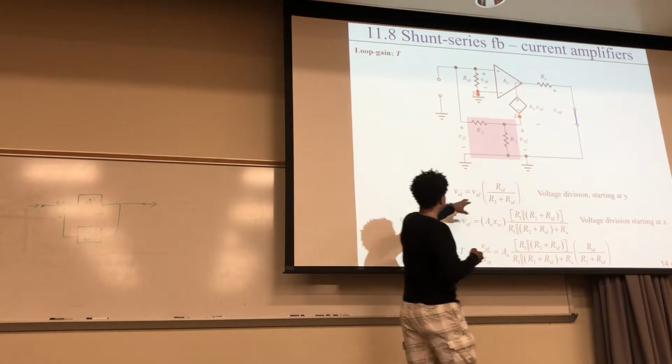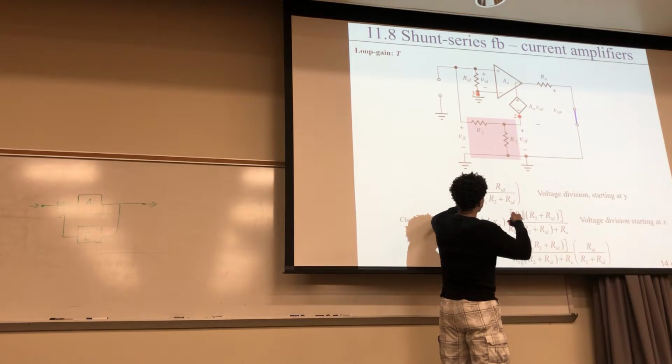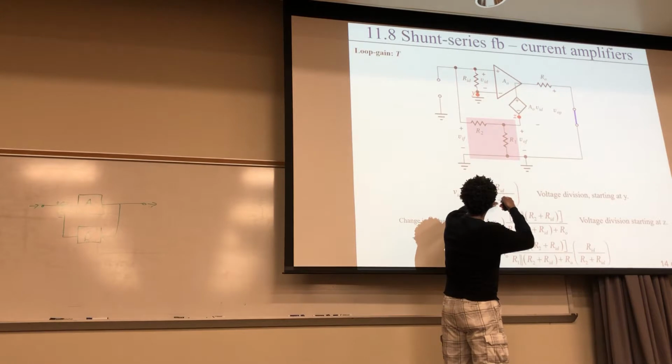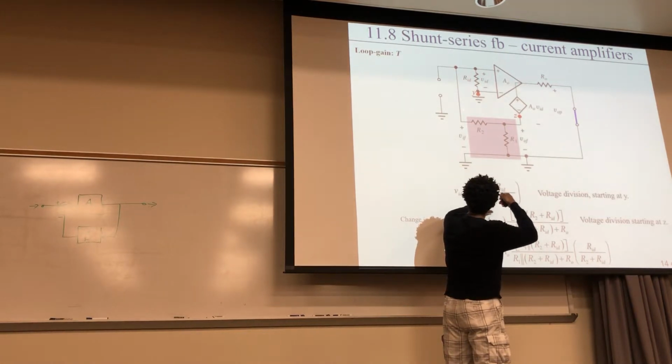So this is your voltage across your beta here, right? And so your resistance is this RID right here, which is what you're measuring over. And then down here, the total is RID plus this R2.